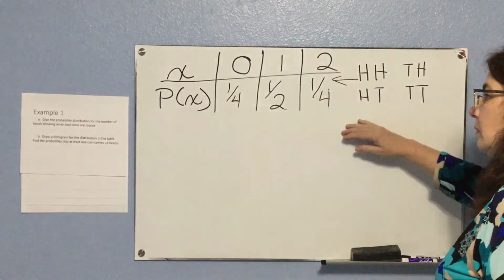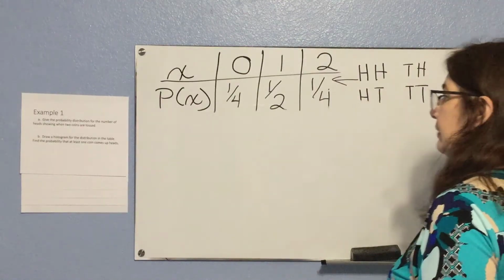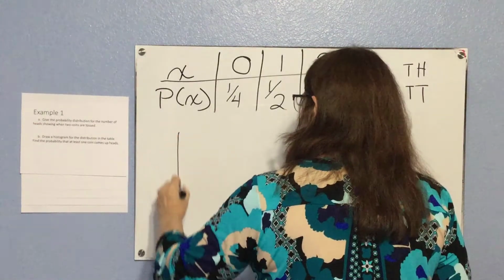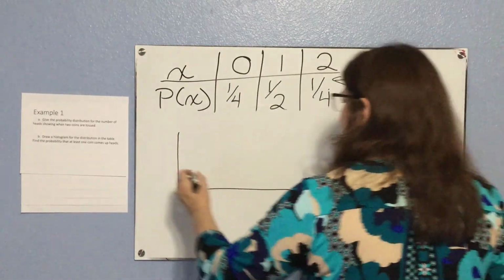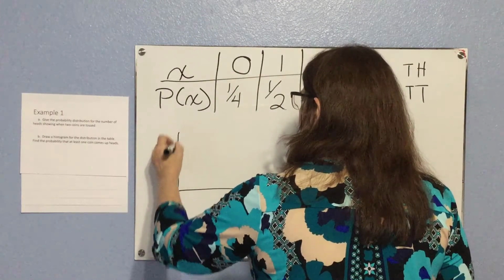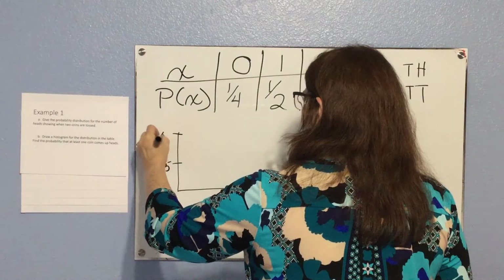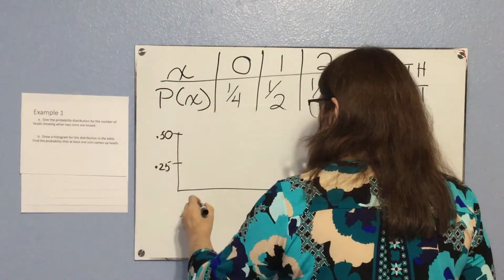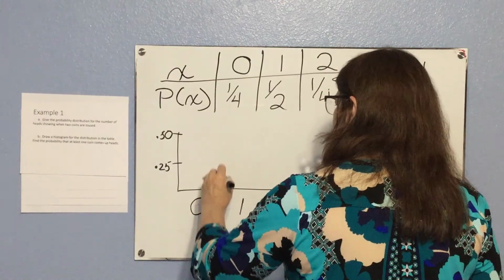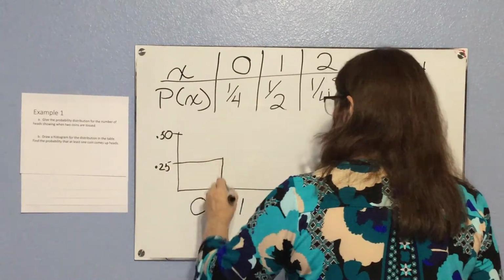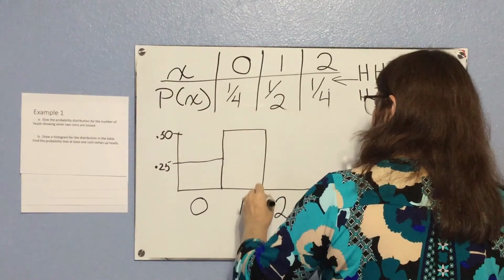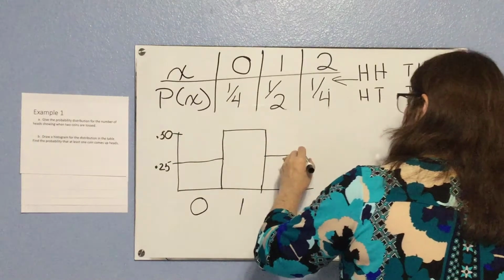If I were wanting to draw a histogram for this, it would look like this. I'm just going to make this 0.25 and 0.50, since those are the only two probabilities I've got. 0, 1, and 2. So for 0, 0.25. For 1, 0.50. And then for 2, also 0.25.